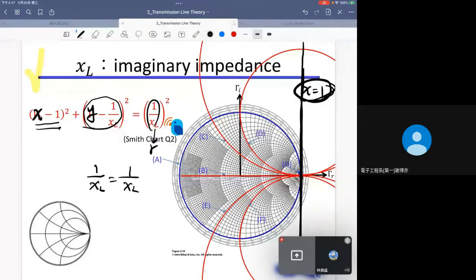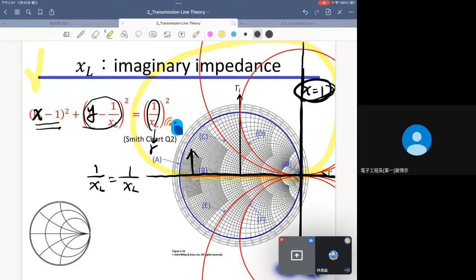Okay? Which means all the circles, if the xL is positive, all of them are above this axis. All of them are above. I will use another of this circle.